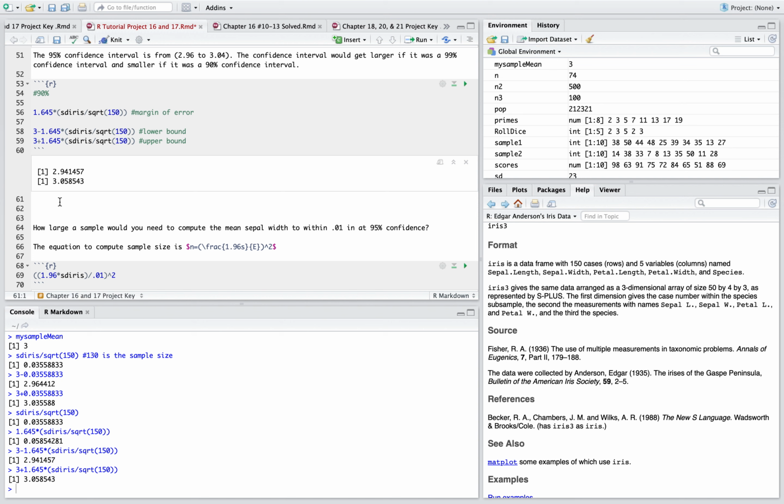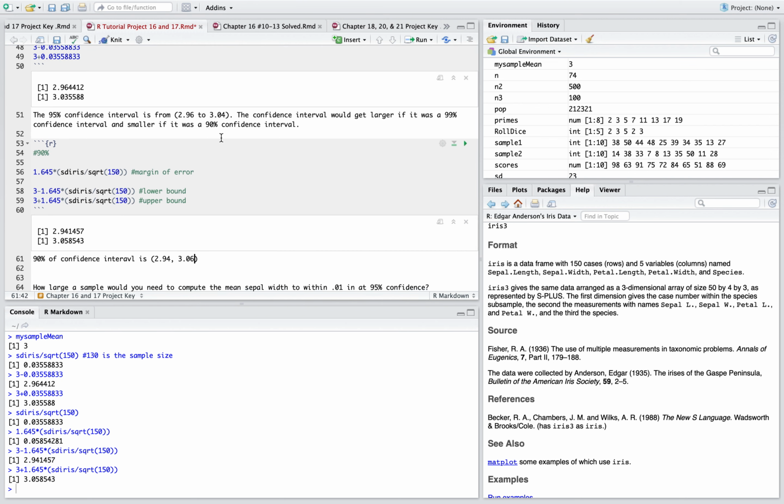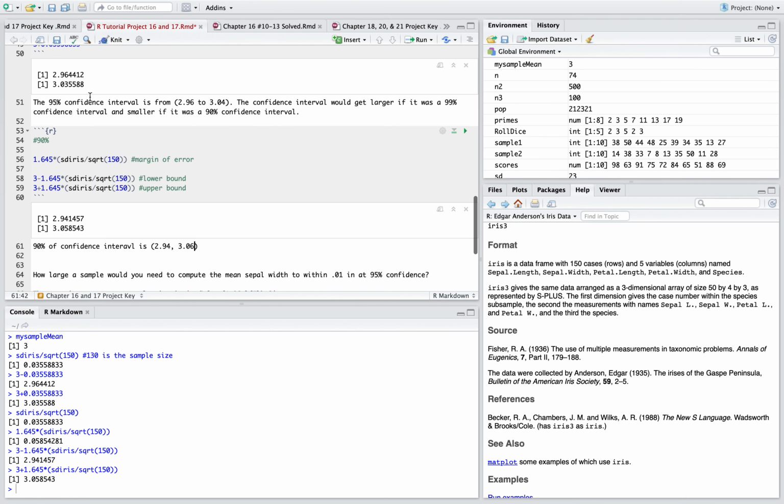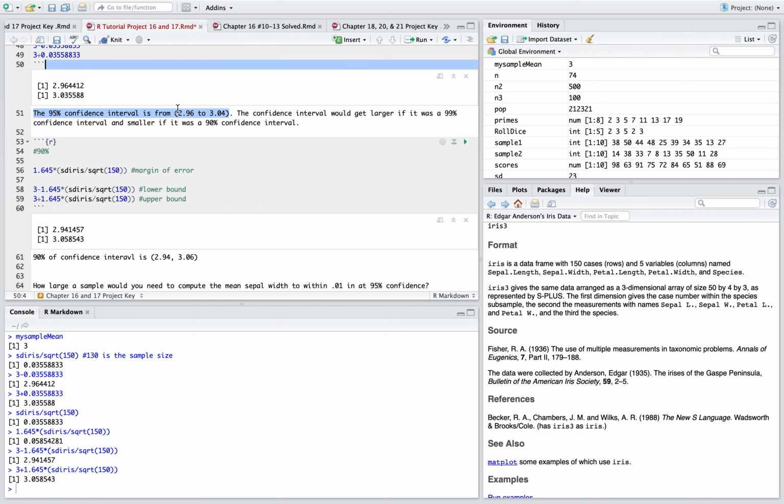So I've got a 90% confidence interval is 2.94 to 3.06. That's my 90% confidence interval. Look how it's a little bit bigger than my 95% confidence interval. It has a larger range.